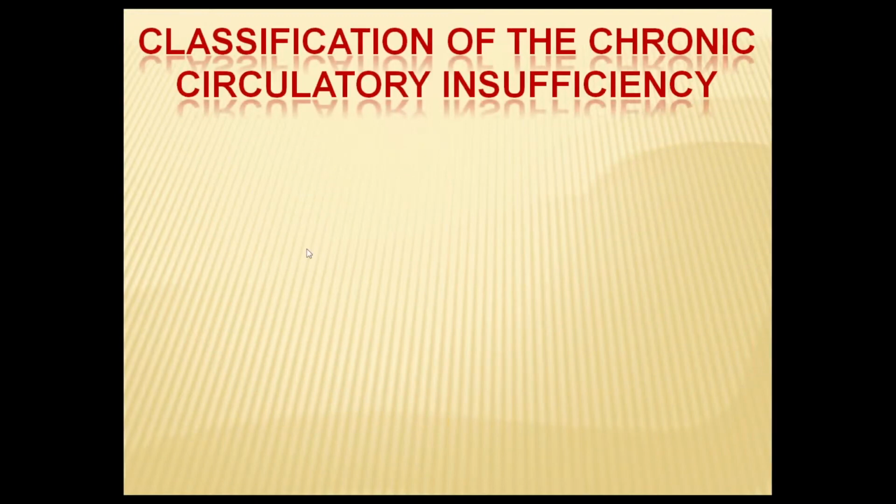Classification of chronic heart failure depending on time, on definite stages. I want you to remember, in the last lectures we spoke about renal failure and respiratory failure. I paid your attention that chronic failure of any organ is approximately divided into 3 stages.